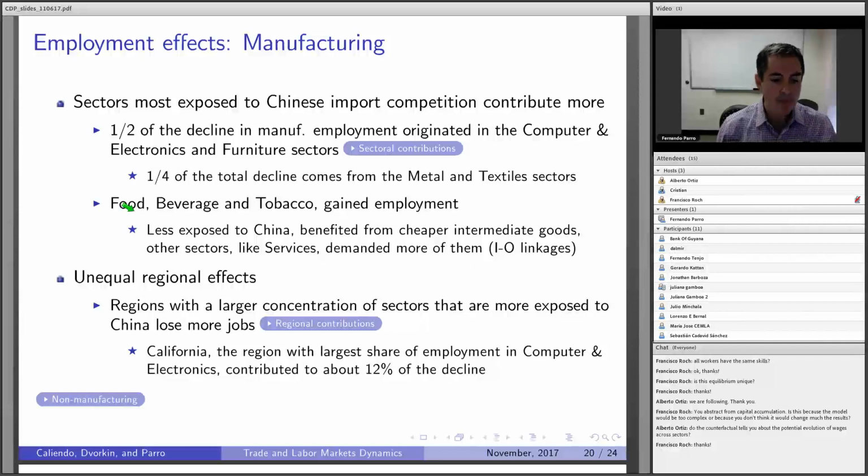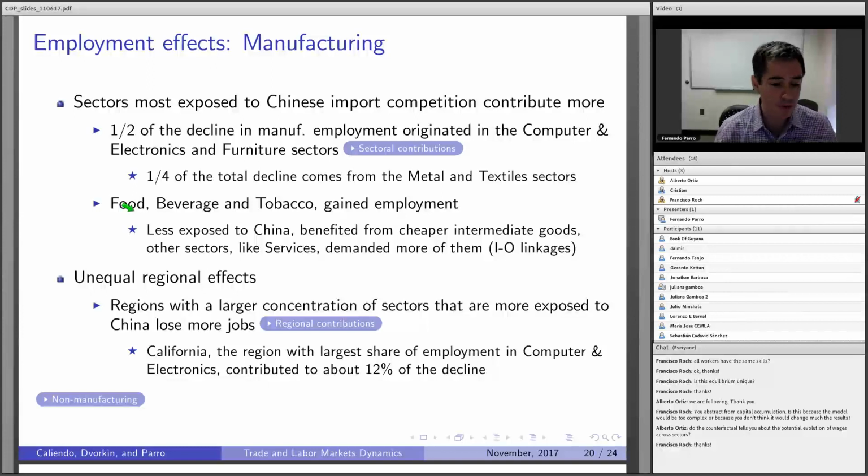And we find that California explains about 12% of the aggregate decline in manufacturing employment, and is the largest contributor in the United States to the decline in manufacturing employment as a consequence of the China shock.